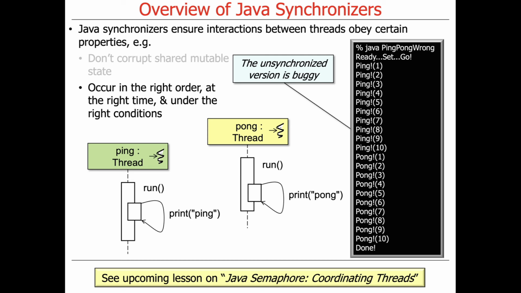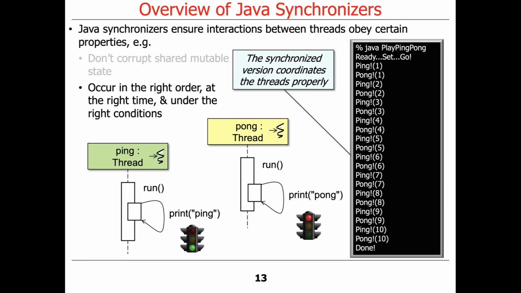What we're trying to do is have two threads that take turns printing ping, pong, ping, pong. But because we don't use the right coordination mechanisms to ensure that these threads run in the right order, at the right time, and under the right conditions, we're going to print ping many times in a row, and then pong many times in a row. So all the pings take place before the pongs.